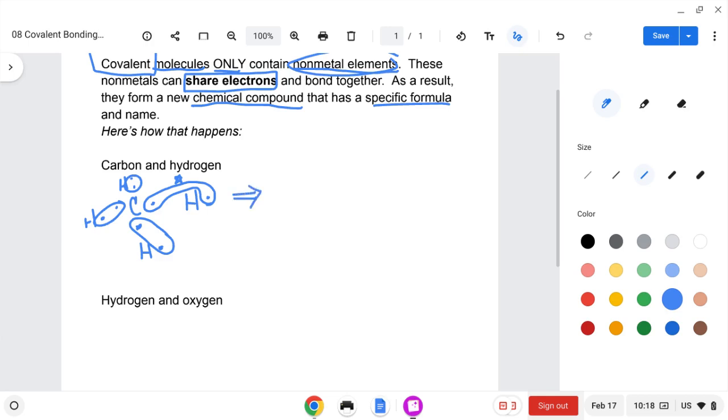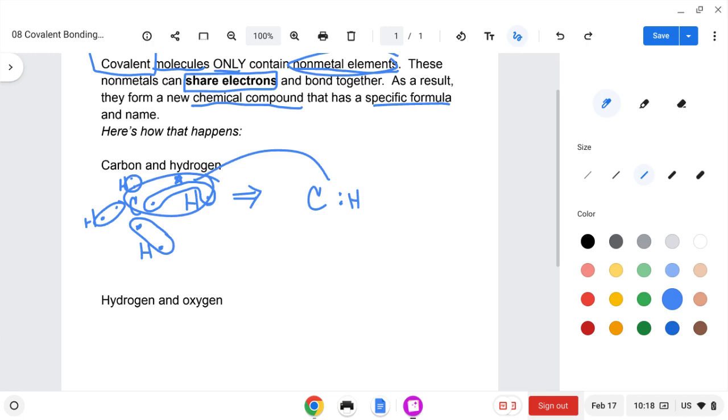And for every pair of electrons that we have, we're going to represent those as a bond. Okay, so watch what I do first. We're going to have that pair of electrons right over here, bonded.